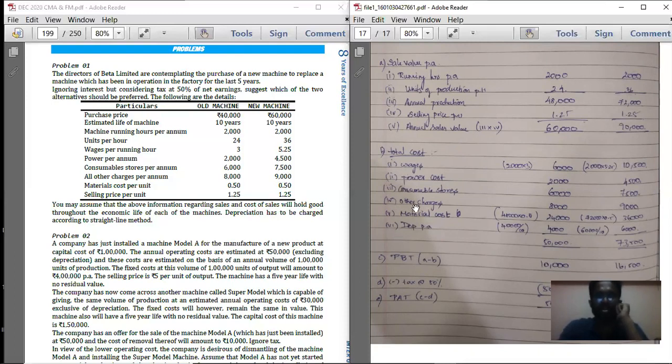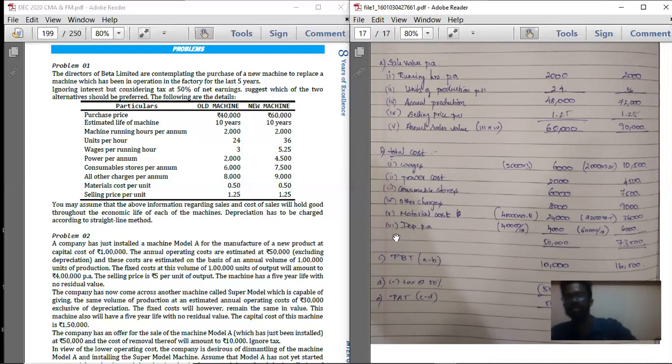These are the total direct costs, that is cash expenses. Apart from that, depreciation is also included in the total cost. So how much is the depreciation? They have told that estimated life of machine is 10 years. So you should divide the purchase price by 10 years, you will get the depreciation.